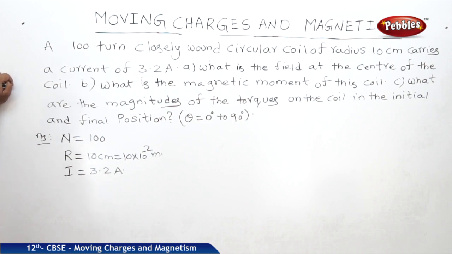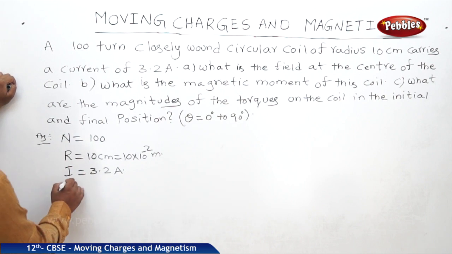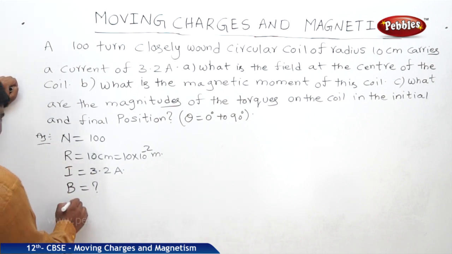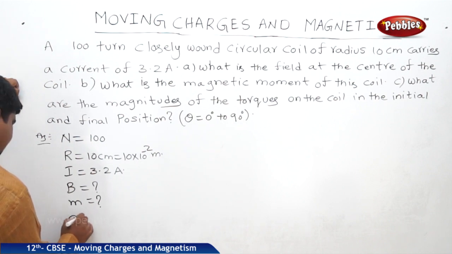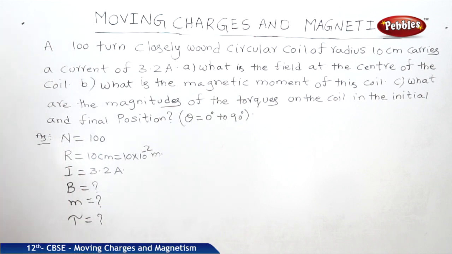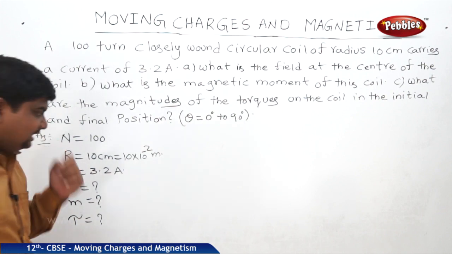We should find out B. Next, what is the magnetic moment of this coil? We should find out M. And last, what are the magnitudes of the torques? We know that tau is equal to M cross B. For that purpose, we should find out B and M initially.